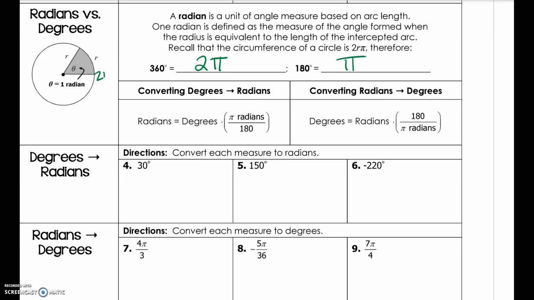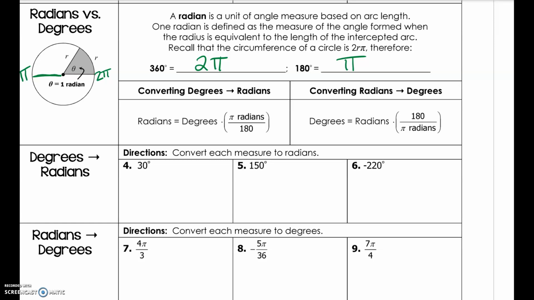So think of this as 2 pi, and over here at 180 degrees that would be pi, halfway around the circle. When converting, you just simply have to use this proportion, pi radians times 180 multiplied times the degrees. And so let's get started.